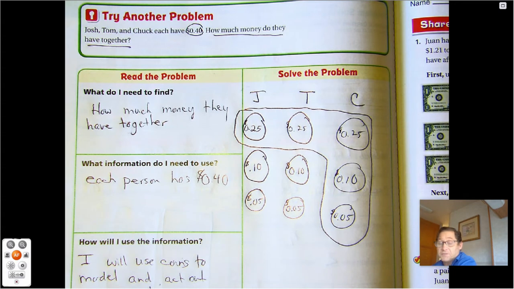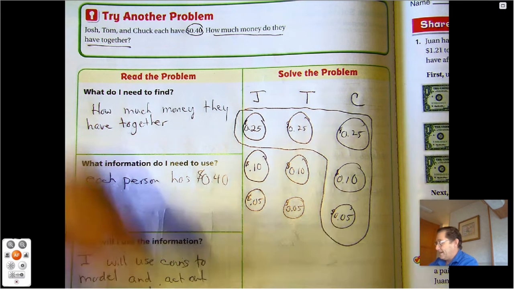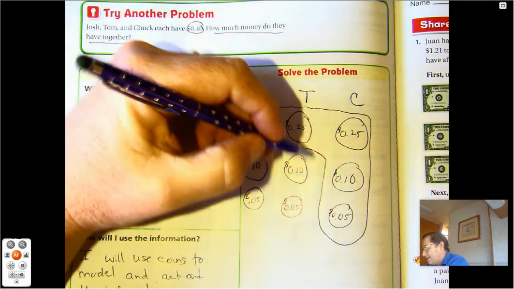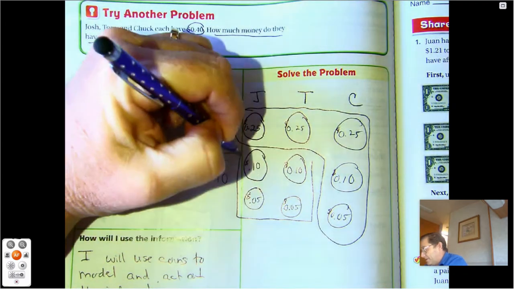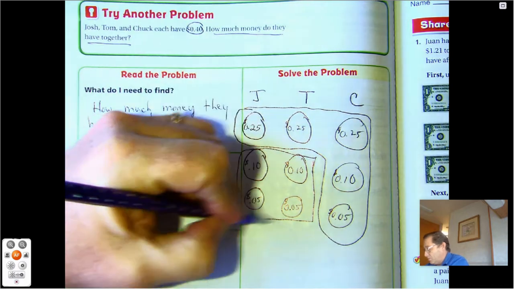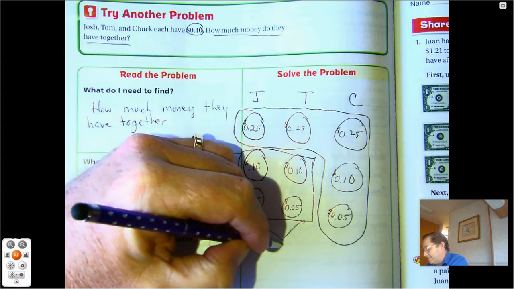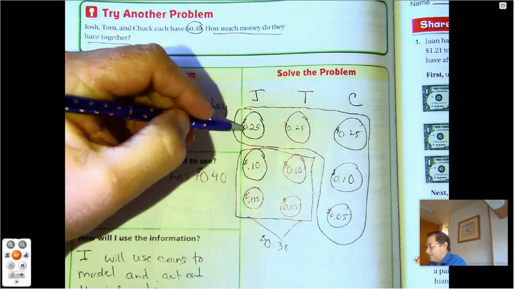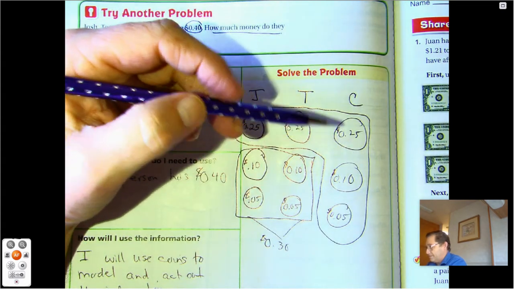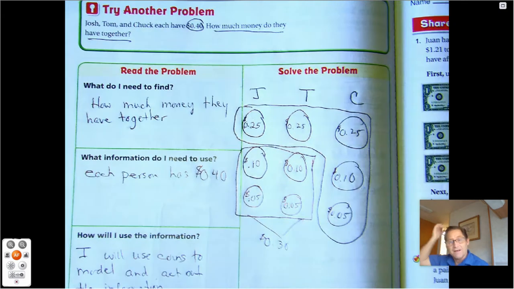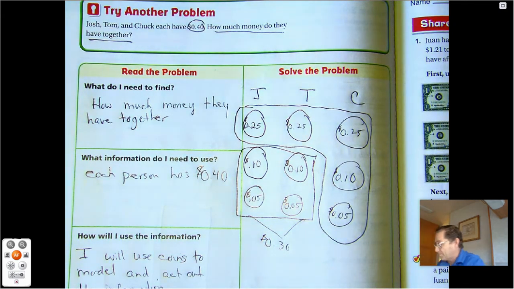Sorry, I don't control the airspace. Okay, so $1 here, and then we have this section here, which is 10, 20, 25, 30 cents. So we have 75. Oh, sorry. I left out my other dime, didn't I?